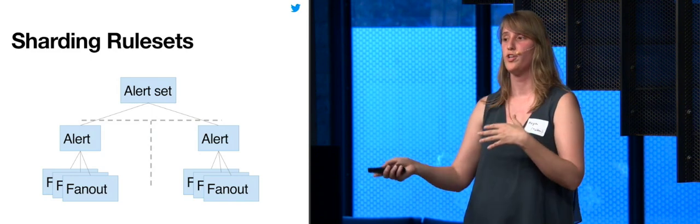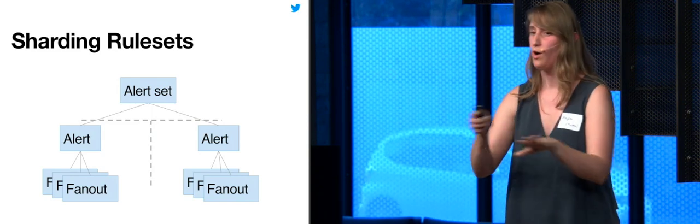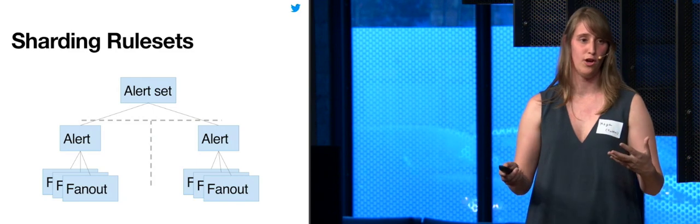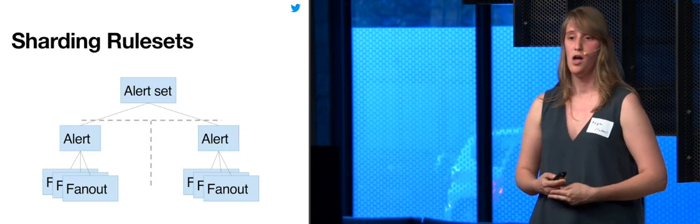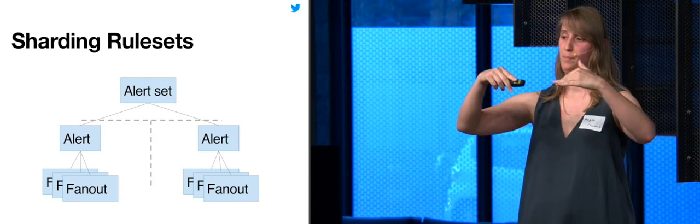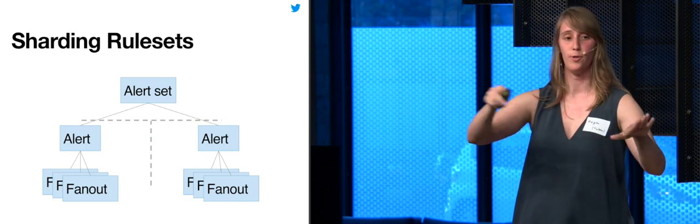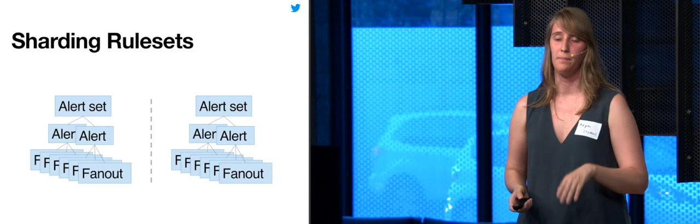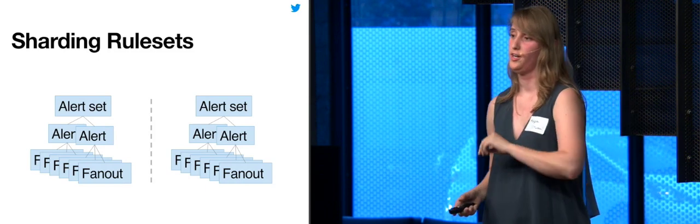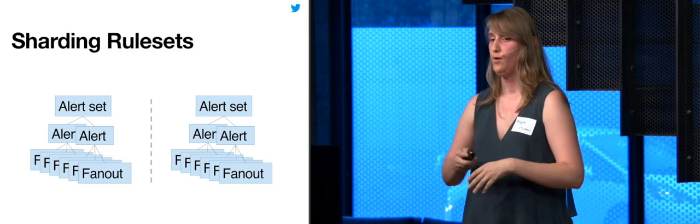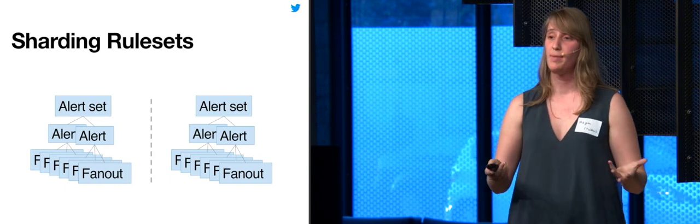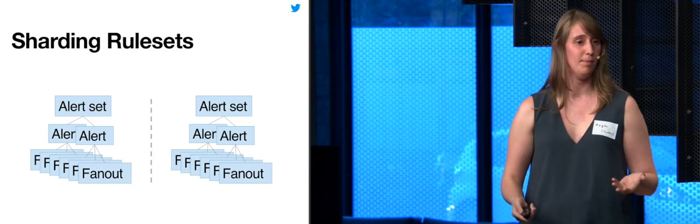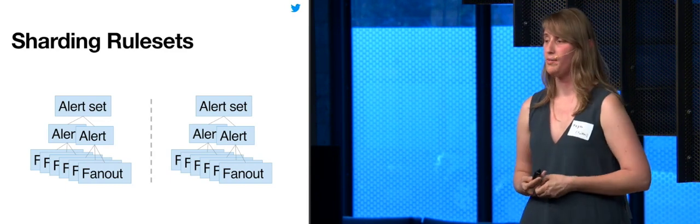One way that we could have sharded this, that might have resulted in very well-balanced clusters, because not all alerts cost the same amount to execute, is to chop and assign alerts per shard. But we actually decided to assign alert sets per shard, which is much easier to reason about and doesn't add any extra complexity to that sharding mechanism.